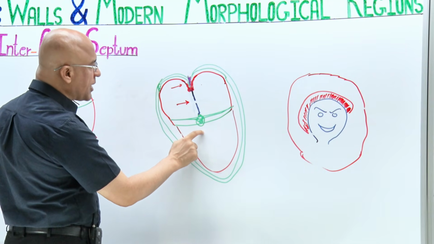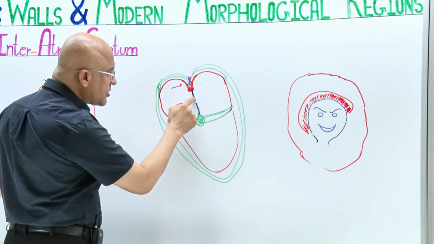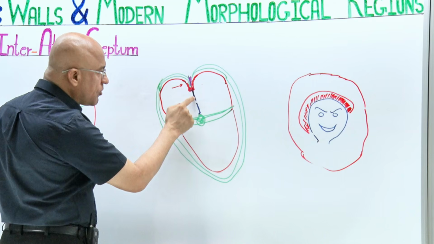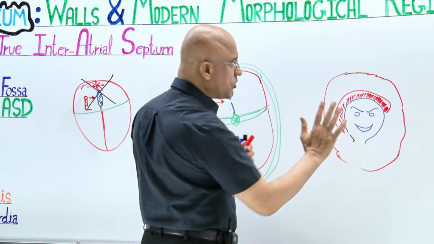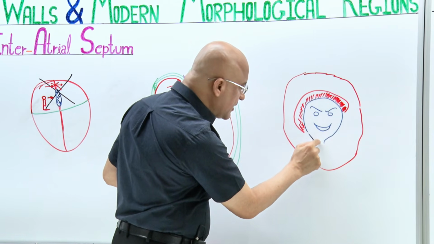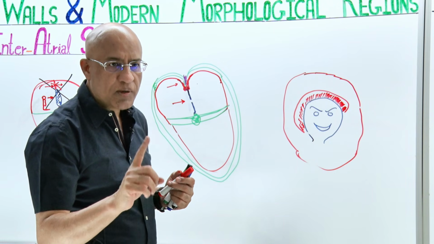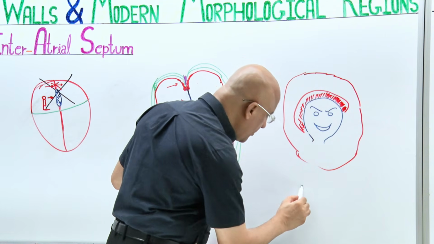Now, relevant embryology, as I will discuss later, for a while, you just trust me that this wall of the fossa ovalis, which is the floor of the fossa ovalis, or if you look at it face to face, this membrane is derived from septum primum.